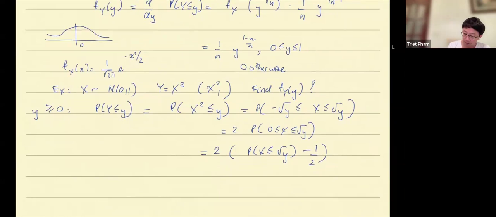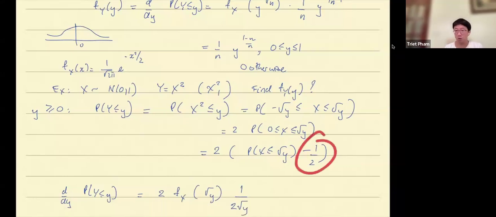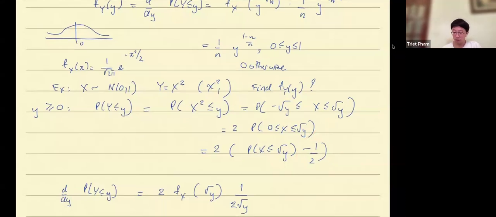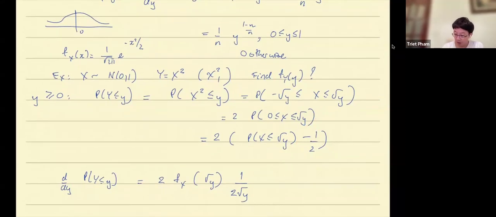So now to find the PDF, we differentiate. Differentiating this gives us 2 times the density of X evaluated at square root of y, times the derivative of the inside, which is this. And that's it. This one differentiates to 0. Which really is 1 over square root of y.